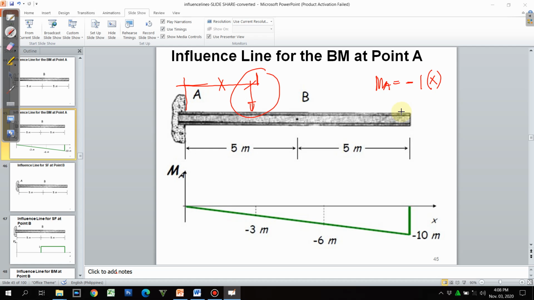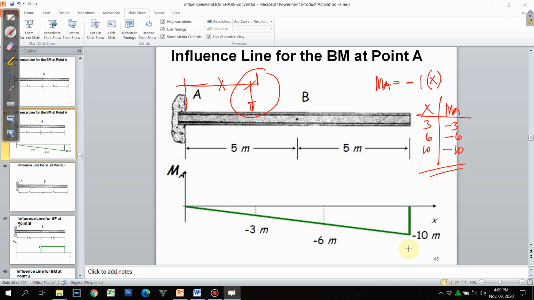Okay, so if you're going to substitute by tabular method, so if x is 3, your ME is negative 3, if your x is 6, then your ME is negative 6, and if your x is 10, then your ME is negative 10.